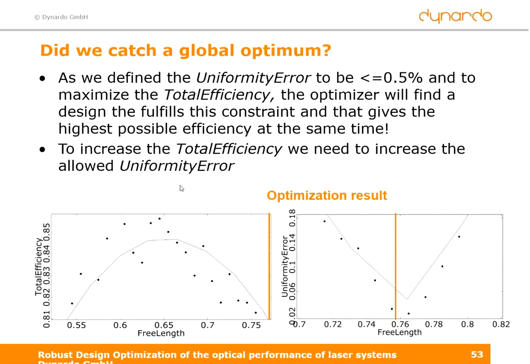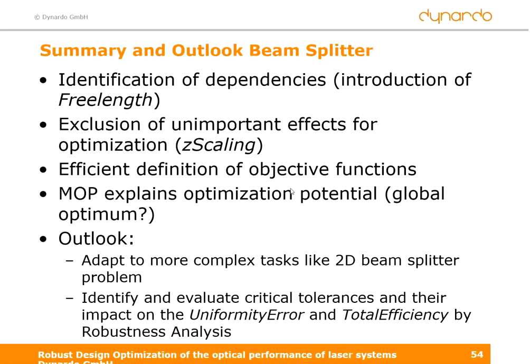So, yeah. To sum up, we identified the dependencies by this beam splitter example by introducing this free length parameter. This was possible due to this parallel coordinates plot. We also excluded unimportant effects. This was here illustratively shown for the set scaling. We have already defined efficiently our objective functions to get a very efficient optimization.